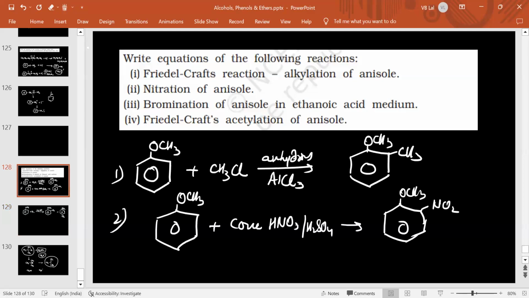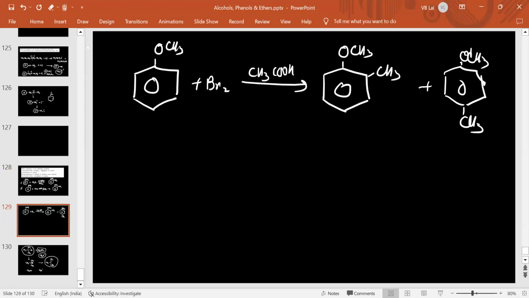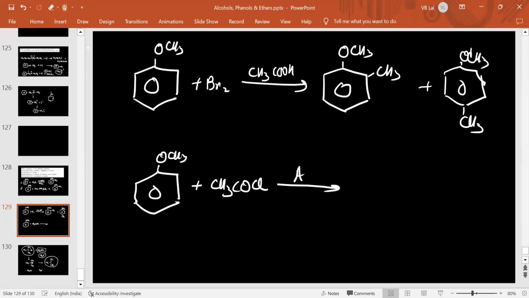Now the last one, Friedel-Crafts acetylation of anisole. Hariharan, now tell me. Anisole and Friedel-Crafts acetylation means CH3COCl in presence of AlCl3. What will you get? What will come on the benzene ring?